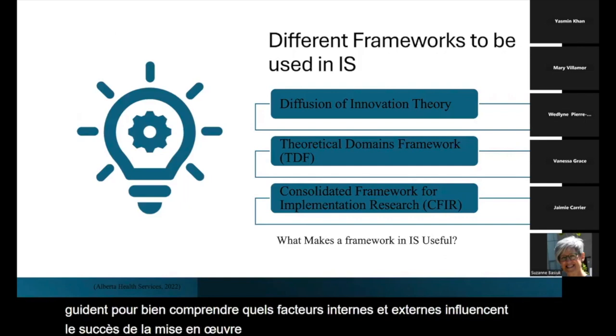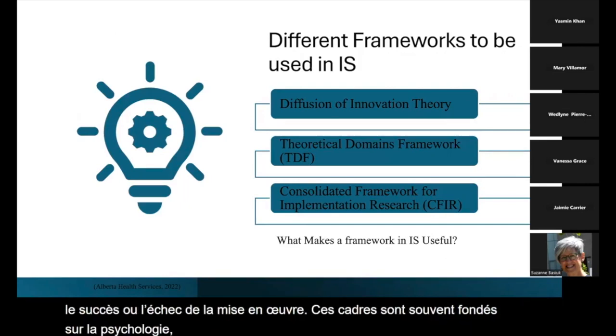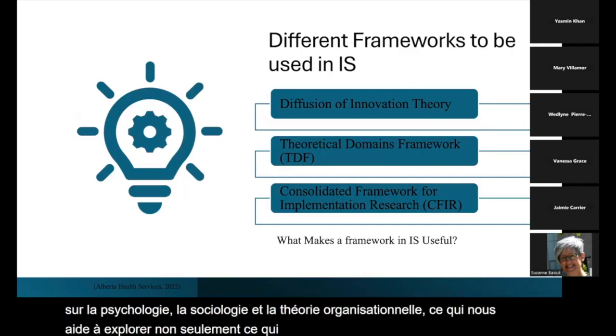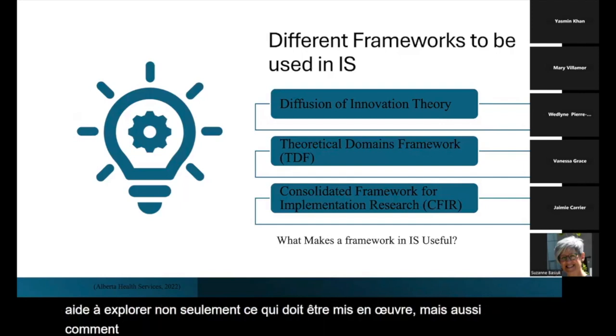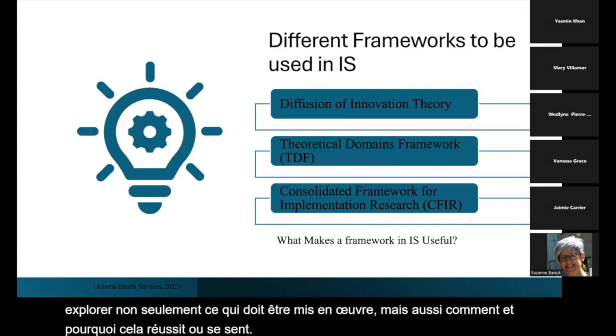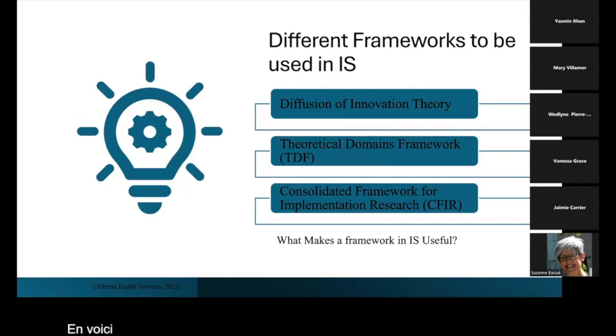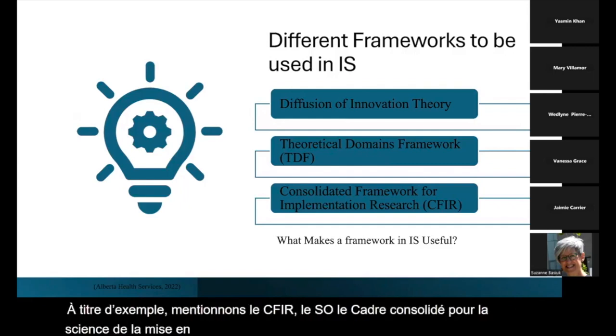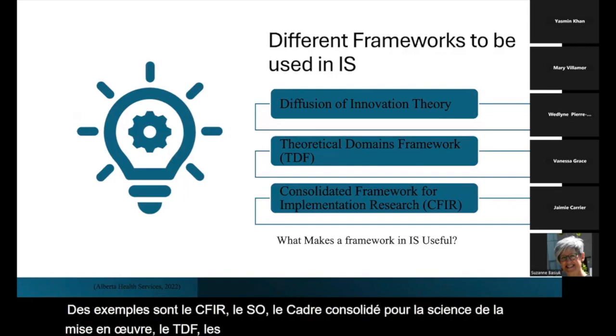These frameworks are often grounded in psychology, sociology, and organizational theory, helping us explore not just what needs to be implemented, but also how and why it succeeds or fails. Examples are the CFIR, the Consolidated Framework for Implementation Research, the TDF, the Theoretical Domains Framework, amongst many others.